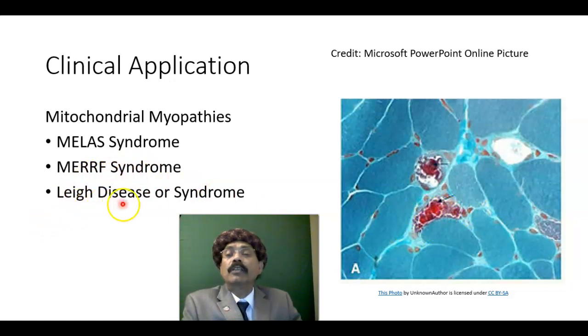We have also Leigh disease or syndrome, that is a subacute necrotizing encephalomyopathy, that is also a mitochondrial disease. We have a lot of other diseases. We may have blindness due to mitochondrial disease. This is a problem.